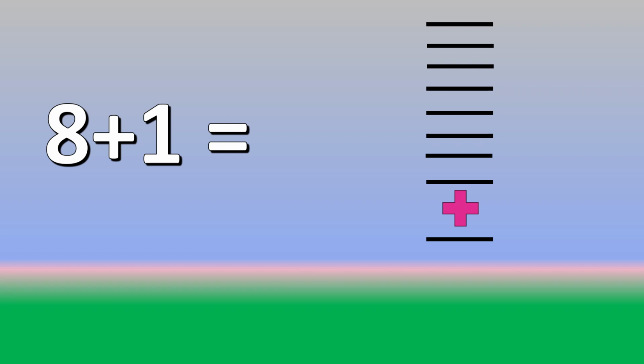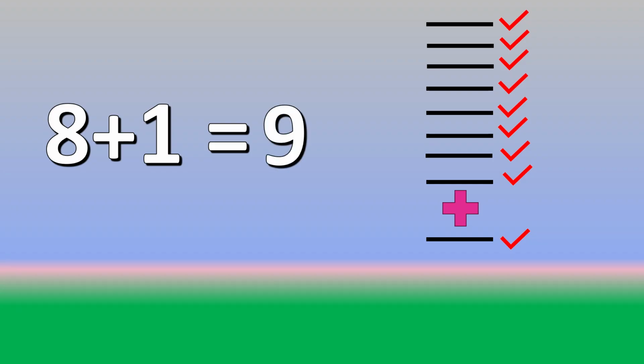Let's count how many lines are there. 1, 2, 3, 4, 5, 6, 7, 8, 9. 9 lines are there. 8 plus 1 equals to 9.